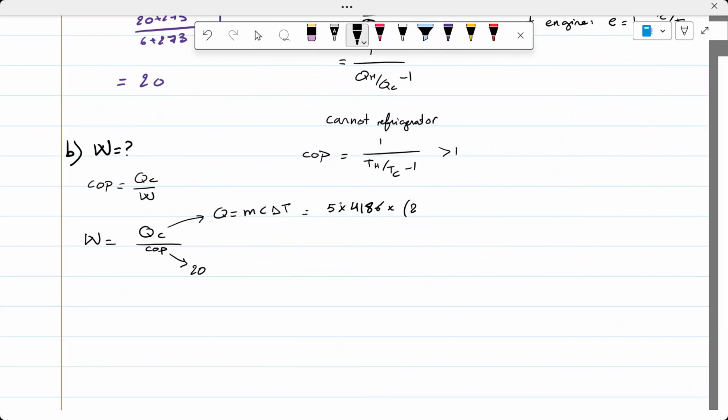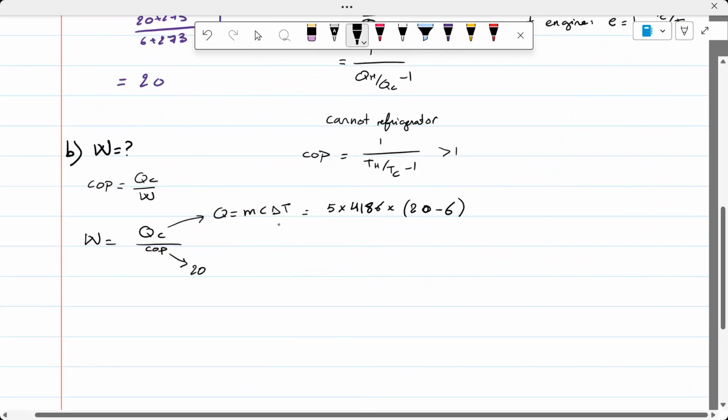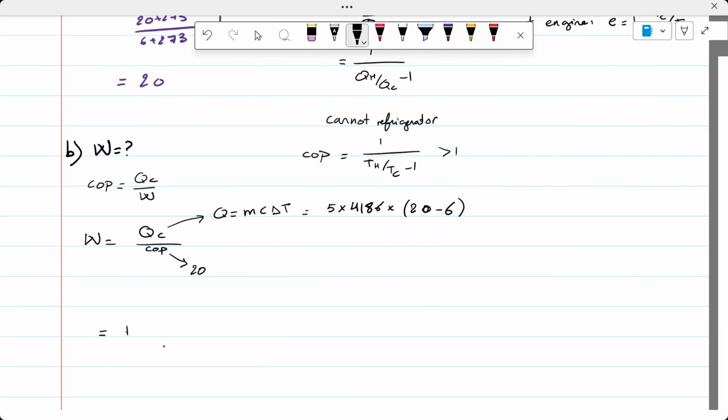And delta T is 20 minus 6. This I can leave in Kelvin because I'm checking for delta T. And you can find now the value of W by just substituting and calculating. You will get 15,000 joules. Any questions?